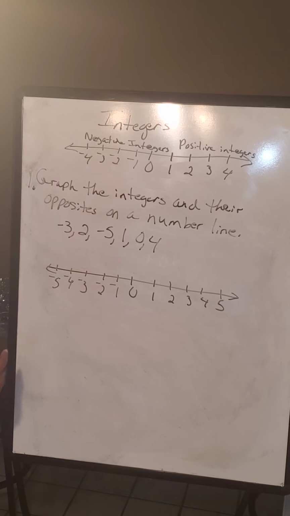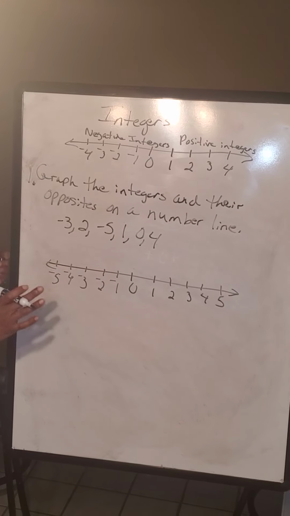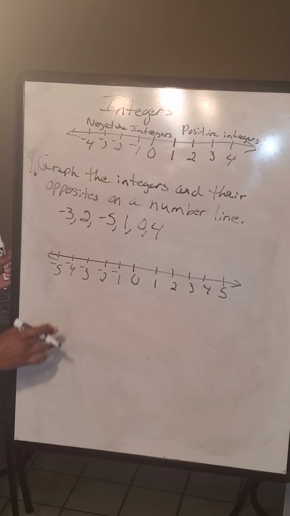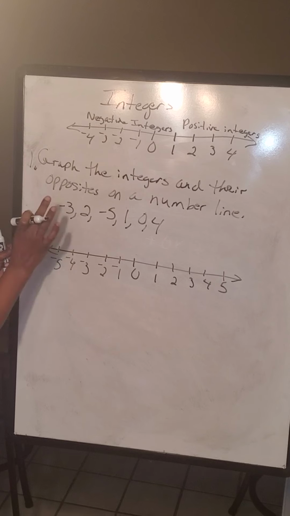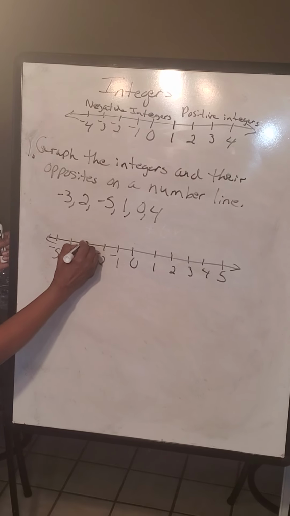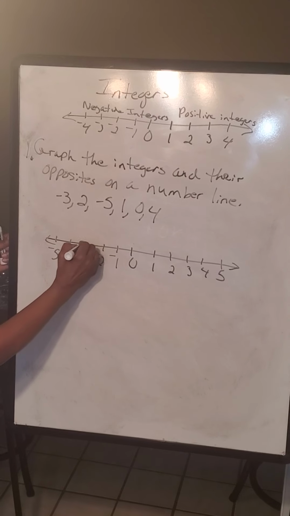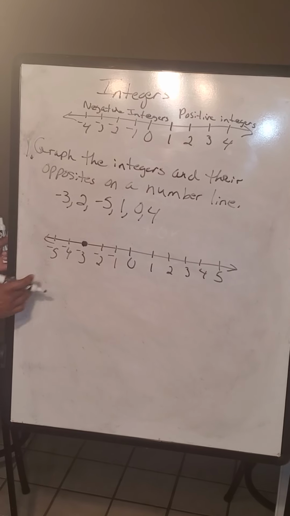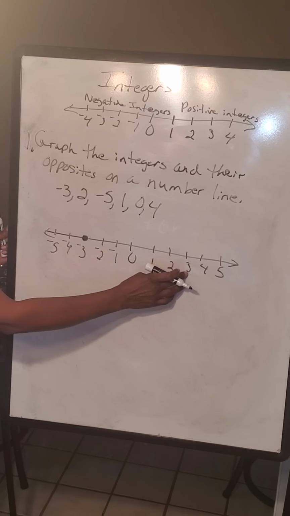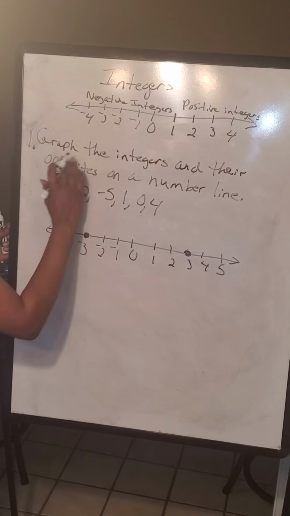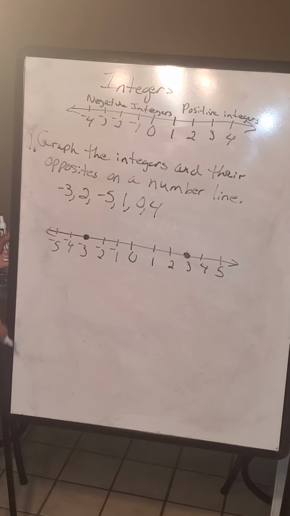Now when you graph, you're going to put a solid dot on the number line, not above the number line, okay? So the first thing I want to do is graph a -3, so I'm going to put a dot on a -3. Then I want the opposite of that -3, and the opposite of a -3 is a +3, so I'm going to put a dot on the +3. I am following the instructions.